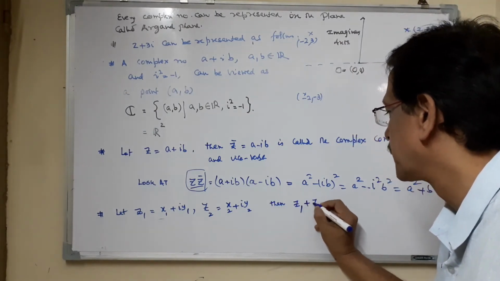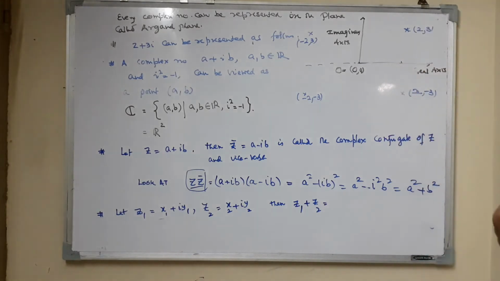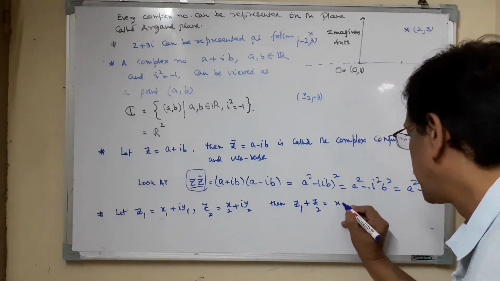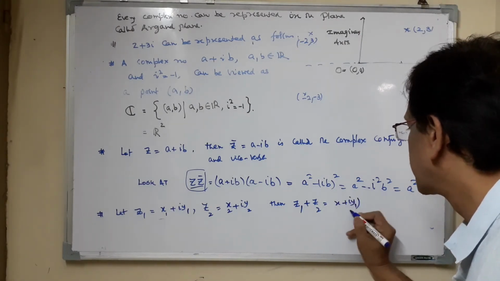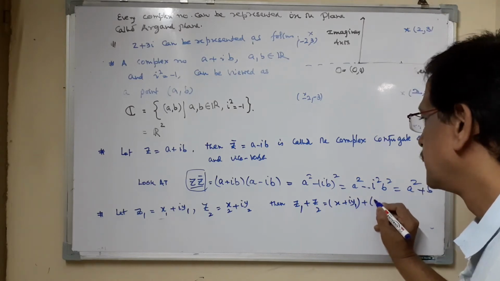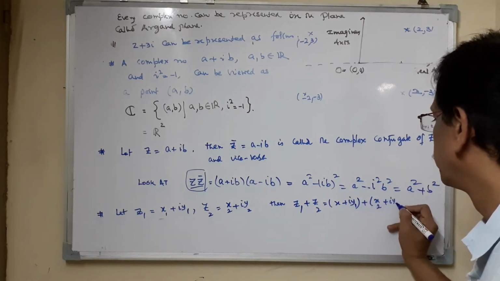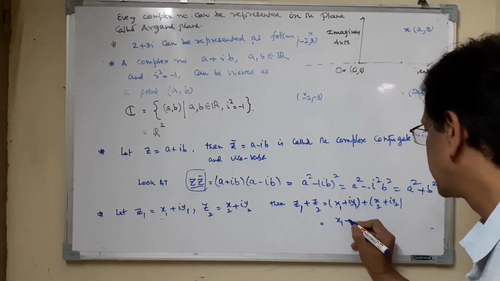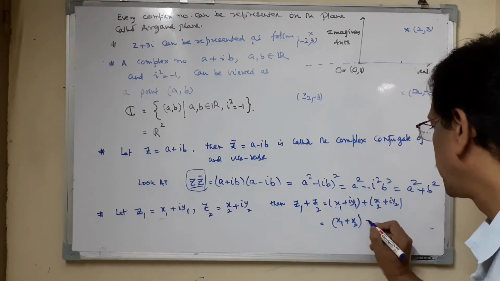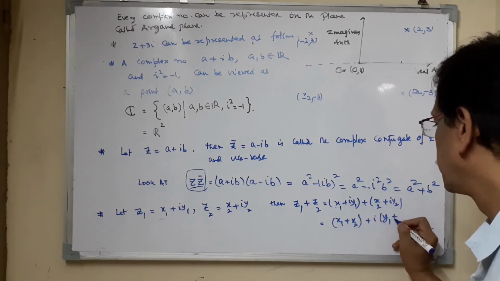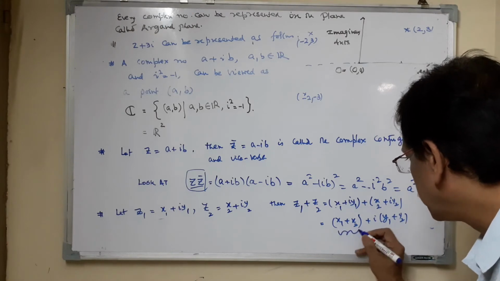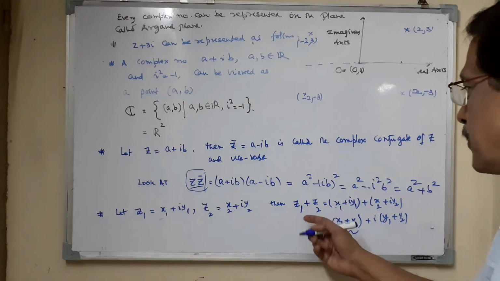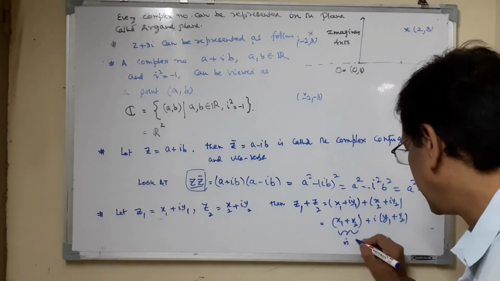The sum of two complex numbers is simply adding component wise: x1 plus iy1 plus x2 plus iy2, which is equal to (x1 plus x2) plus i times (y1 plus y2). Again, this is of the form x plus iy, so z1 plus z2 is again a complex number.